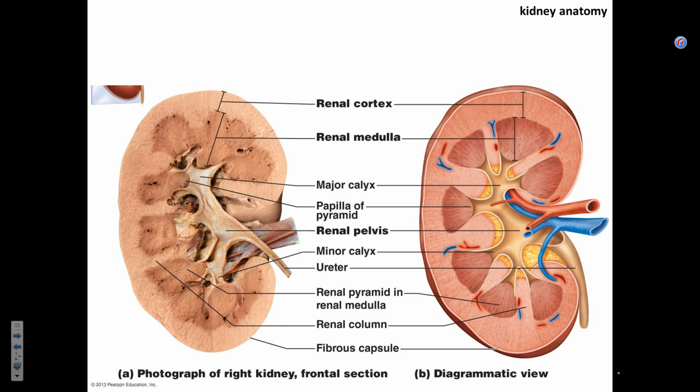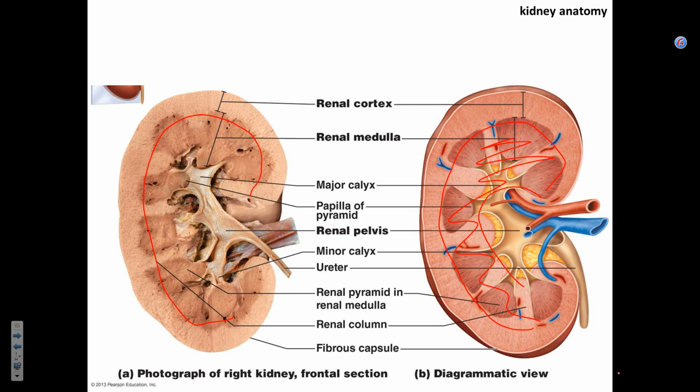It consists of two distinct layers, outer cortex and inner medulla. So this is the cortex. See that? And this is medulla. On the image, that's going to be the lighter cortex, and the darker medulla.